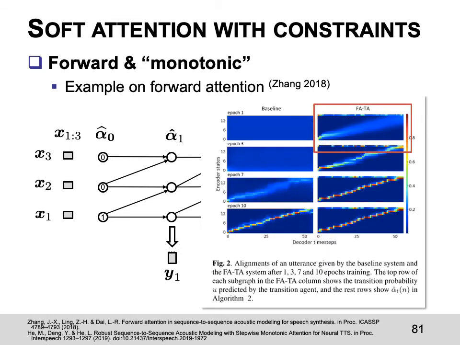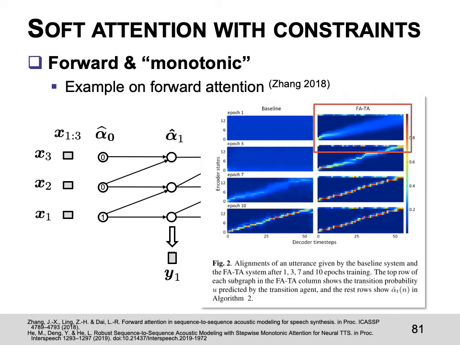Interestingly, if we check the alignment matrix in the paper, we can notice how the forward attention is different from the common soft attention-based approaches. Especially, as you can see from the first row of the alignment matrix, that is the alignment after only one epoch of learning.